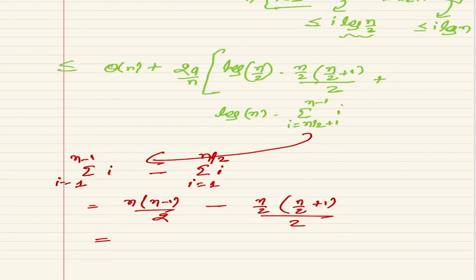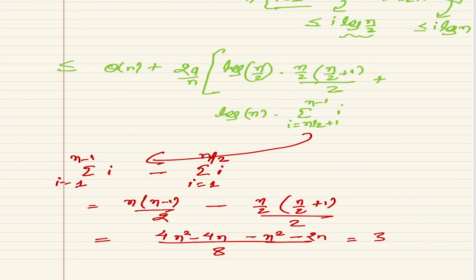So actually there is 8 common, so by 8, and you will find 4n square minus 4n, and this is n times n plus 2 divided by 8, so minus n square minus 2n. Yeah, I hope I have done that correctly.